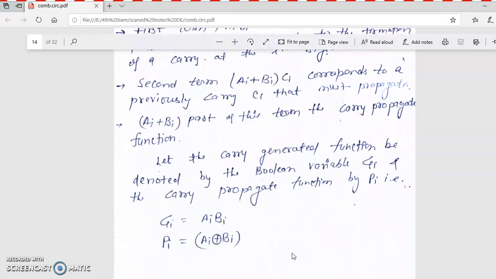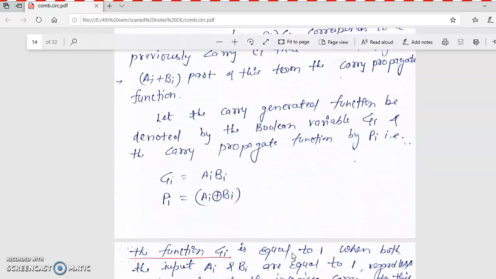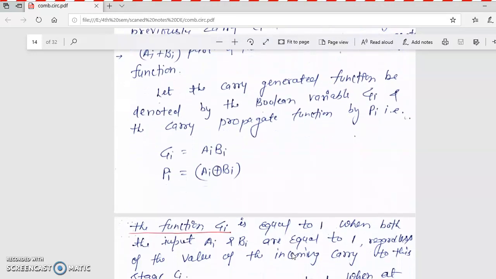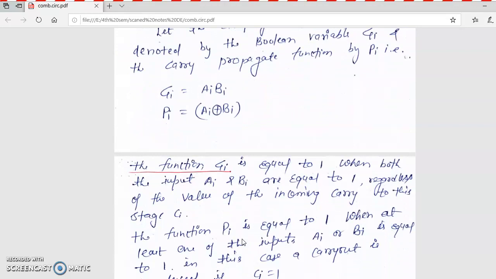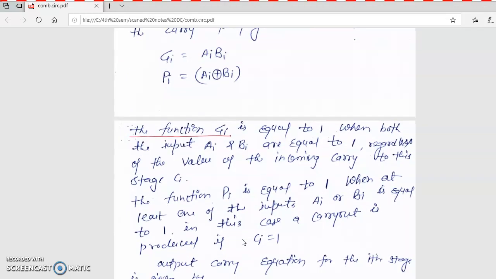Okay, let the carry generate function be denoted by the Boolean variable Gi and the carry propagate function by Pi. Ai Bi is called Gi, and Ai plus Bi is the propagate function Pi. The function Gi is equal to 1 when both the inputs Ai and Bi are equal to 1, regardless of the value of the incoming carry Ci to this stage.